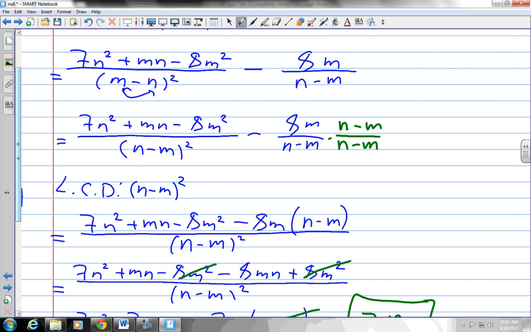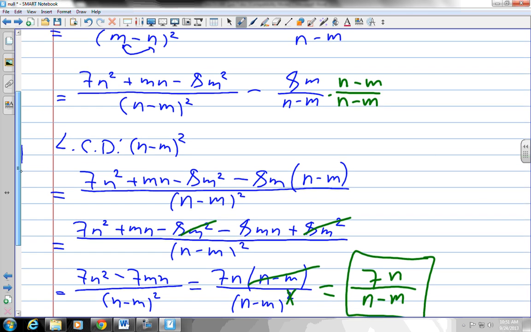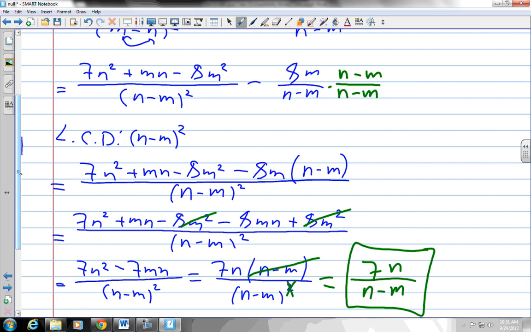But if you do that little tweaking first, your LCD becomes much smaller. So we had two options: flip under the square and then nothing really changes, no extra sign, or flip the second one and then change the sign. The answer would come out the same. Either way, you might have to do another flip in the end. So we can do those little flips.